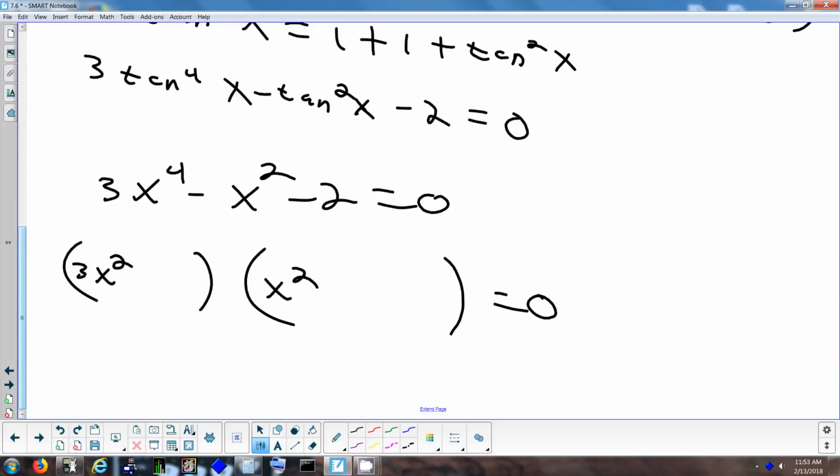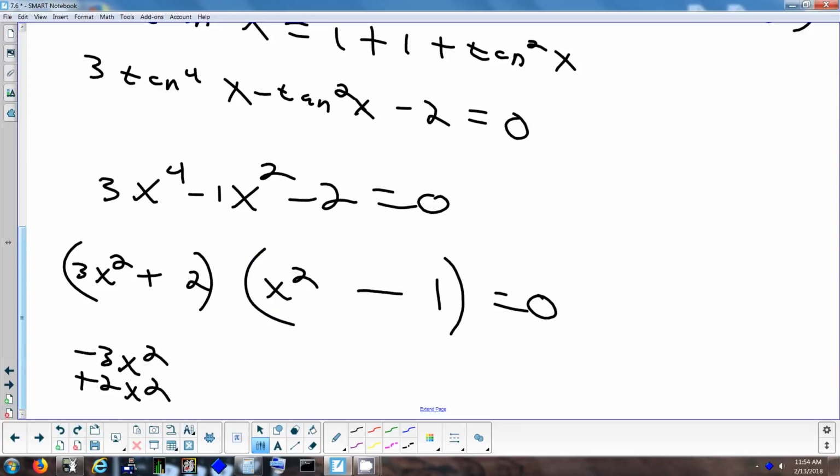Now, 2 numbers that multiply to give me 2. 2 and 1. And my signs would have to be plus, minus. Let's try it. 3x squared times negative 1, and 2 times x squared, is negative 3 plus 2, negative 1.